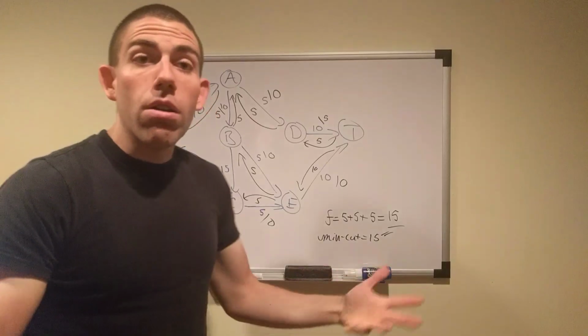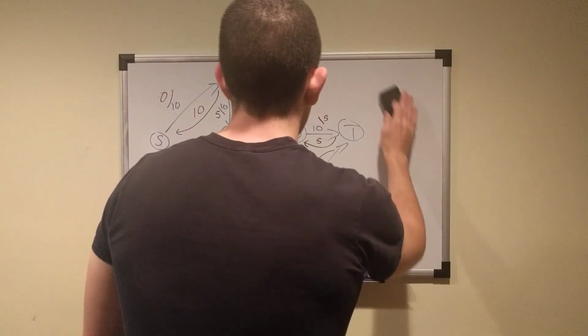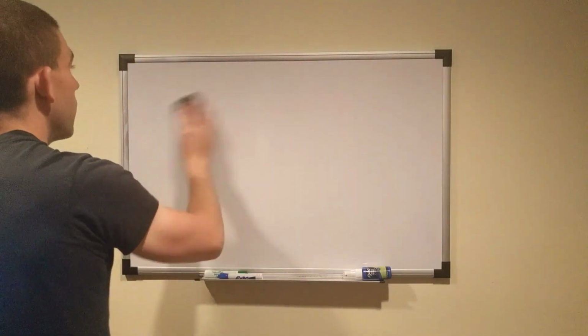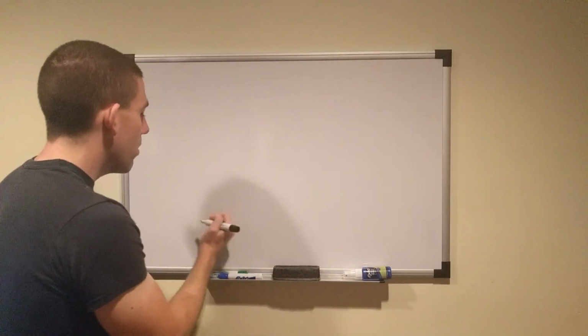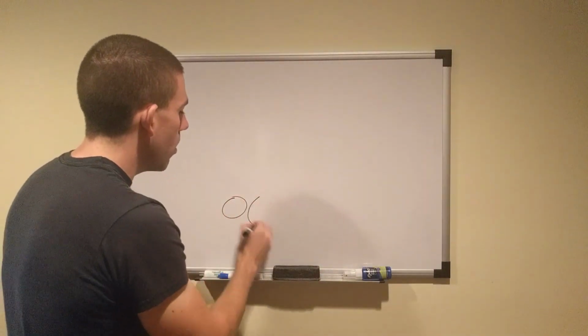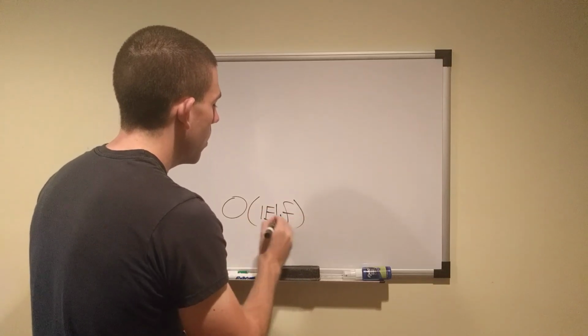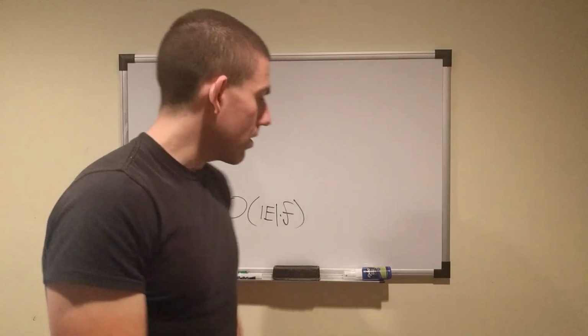So how long does it take to run the algorithm? The algorithm itself runs in O of E times the maximum flow. Why is that? Well, let's look at an example.